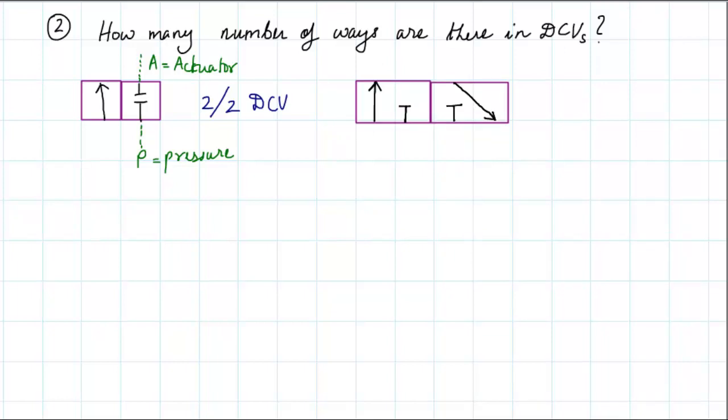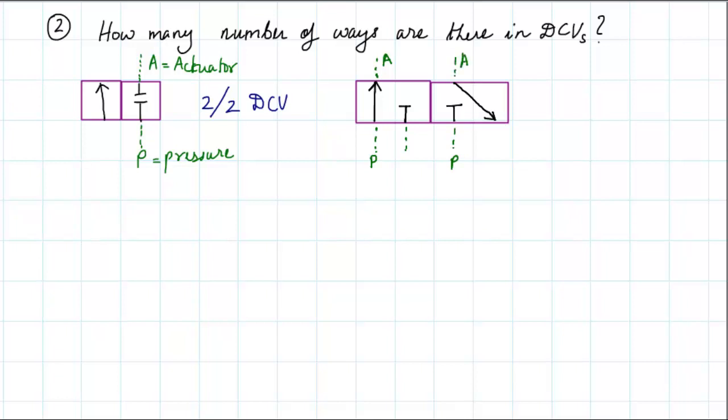Let me draw another one. This is the next DCV that I have drawn. Here you can see that I am having 3 ports. One is this port, and the second is this port, and this is the third port. Here you can already see that this is the P port and this is the A port, because this is where the fluid is entering the DCV and this is where it is going to the actuator. Now in the second position, again this is going to be the P port and this is going to be the A port.